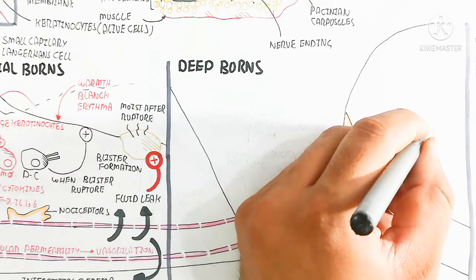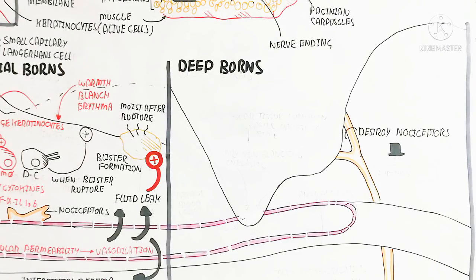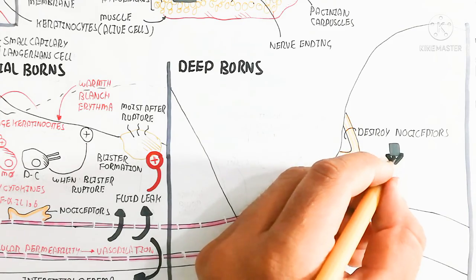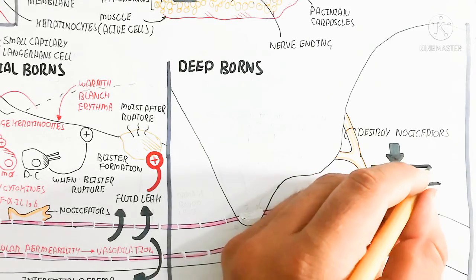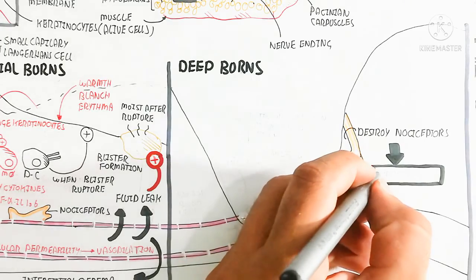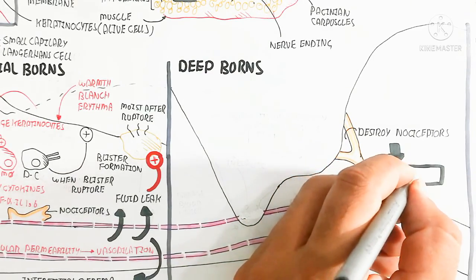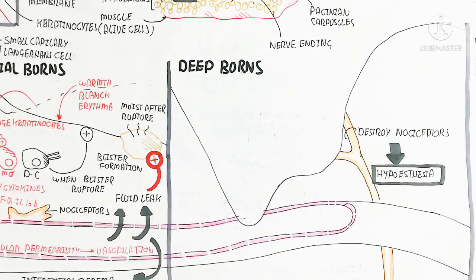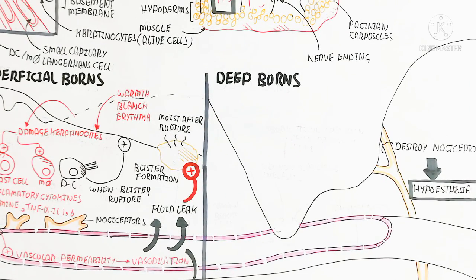While the deep burn means the third-degree burn, the third category, in this case the hypodermal layer will be involved, and the reticular and papillary layers will all be damaged. So the nociceptors will be destroyed, and hypoesthesia will occur.